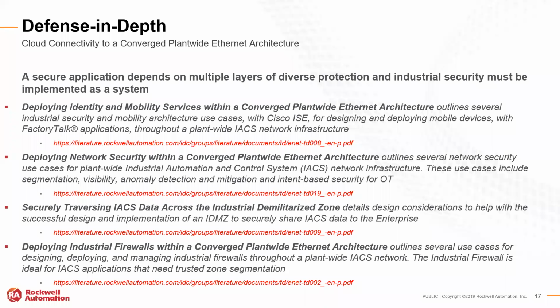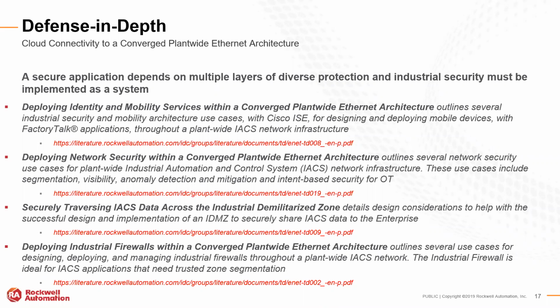Deploying network security within a converged plant-wide Ethernet architecture has use cases for industrial automation and control systems. Those include segmentation, visibility, anomaly detection, mitigation, and intent-based security for OT. There is securely traversing data across the IDMZ.